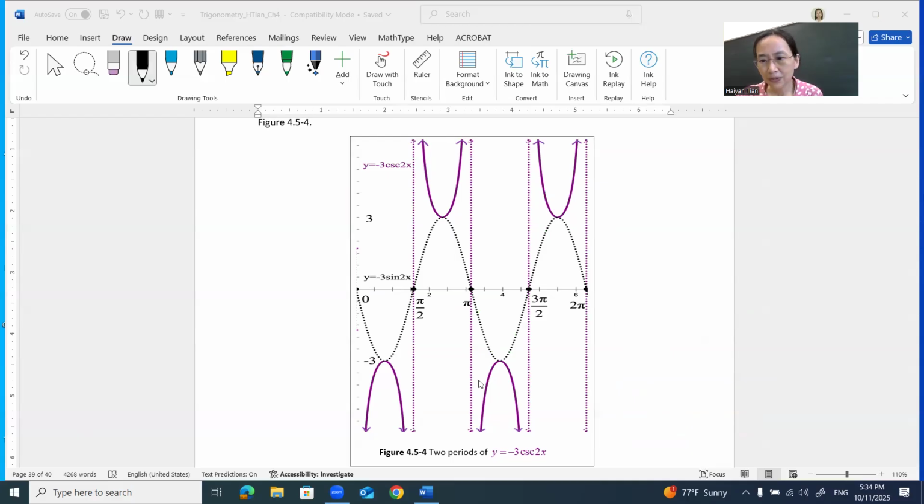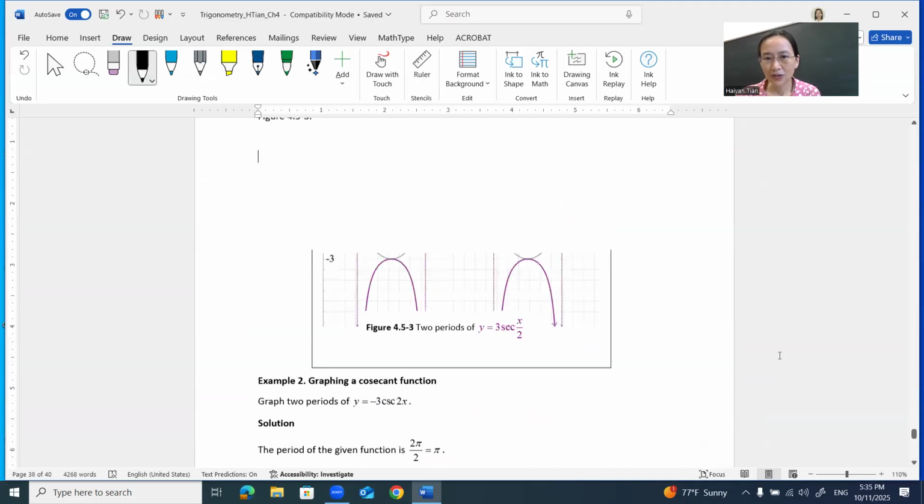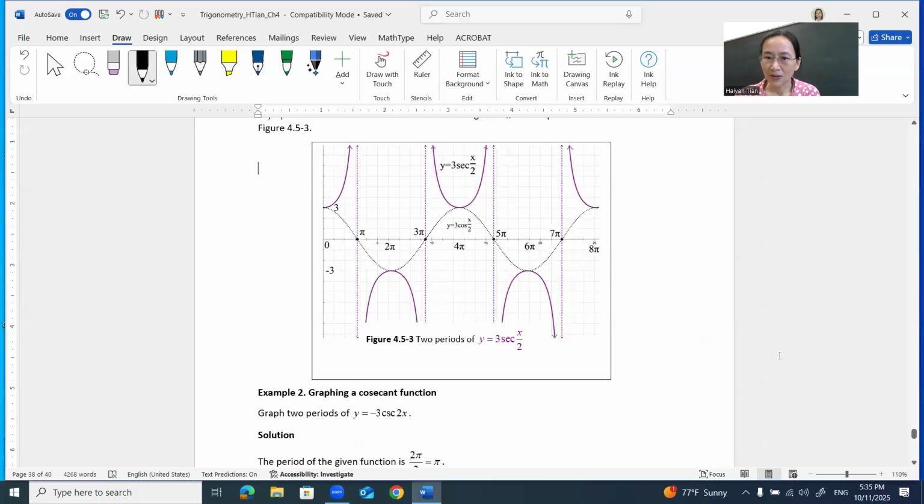Okay, so now you got the idea of how to graph the cosecant function and the variations of the cosecant function, or the secant function and variations of the secant function, right? The method would be very similar, either based on the sine or cosine curve.